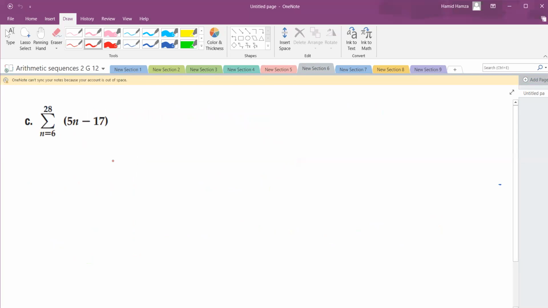Okay, now we will deal with sigma notation or summation. If I want to find a partial sum, we can use sigma notation like this.